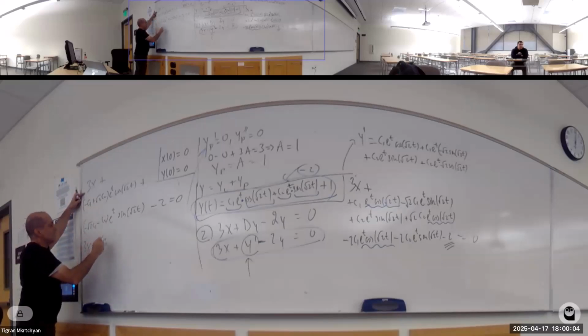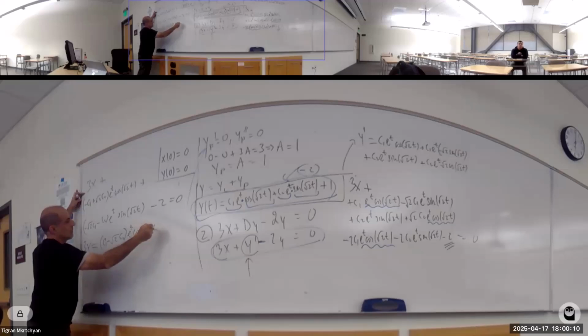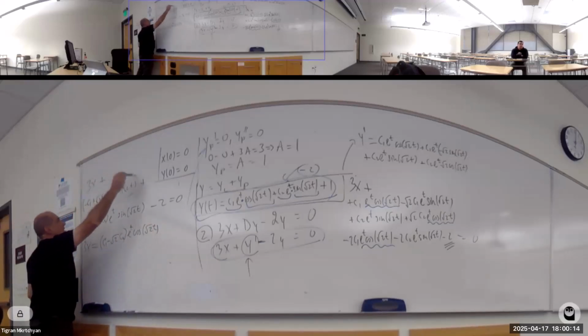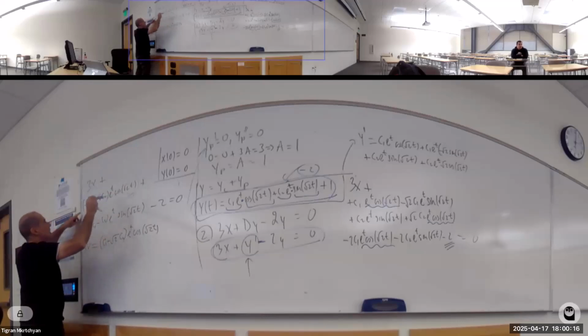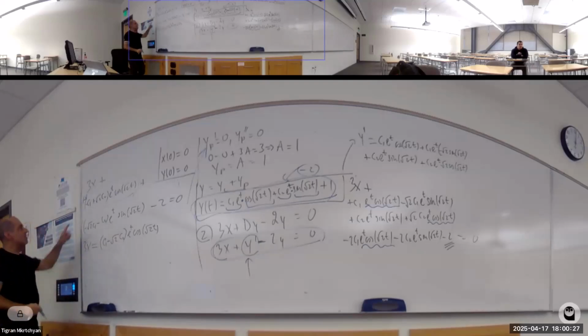Maybe not confusing. I'll just say one more time what I'm doing, for everyone to get what I'm doing. I'm moving this thing to the right side, which will make this times what? Negative 1. And I'm just distributing negative 1 here.